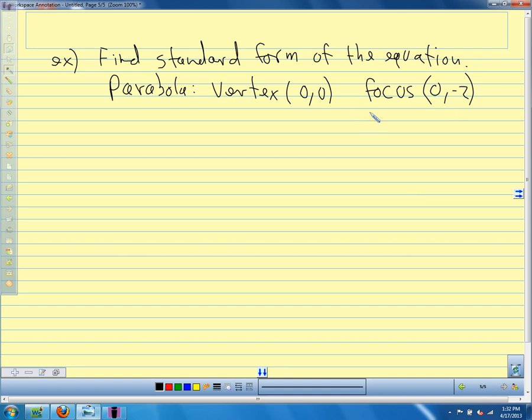From this information we can start a quick sketch already. My vertex is at 0, 0, and my focus is at 0, -2. So which way does my parabola open? It has to open down. The focus is always inside the parabola. So my parabola opens down. So without doing anything, we know that this opens down.